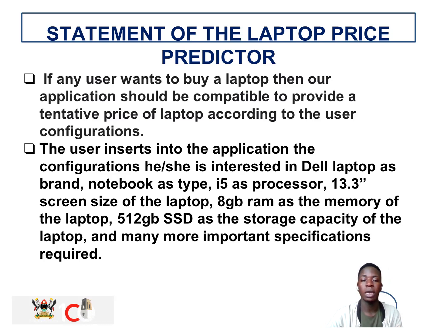So the user inserts notebook as the type, i5 as the processor. There are other processors like the i7, the i3, the Pentium, Celeron, and you have the screen size like 13.3 inches and 8 GB RAM. Then for storage, the user might want SSD or 5 as the storage capacity, and many more specifications. So this is the input the model gets in order to give back the tentative price of the laptop.